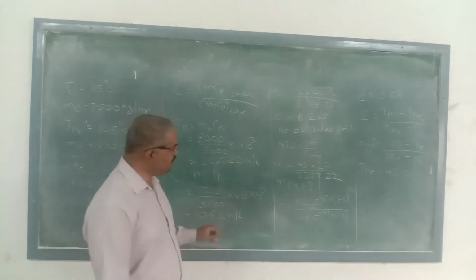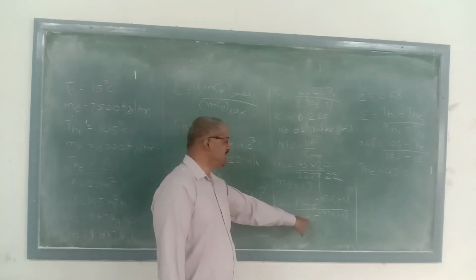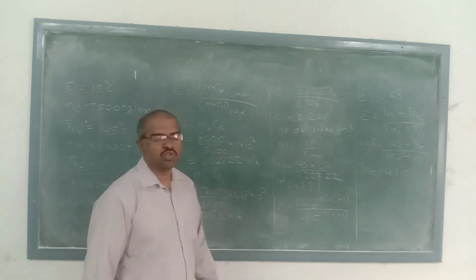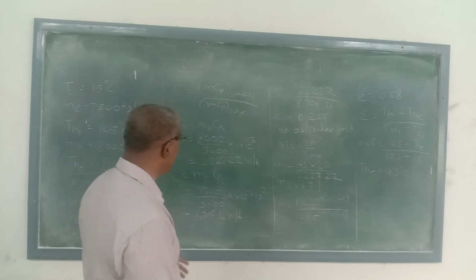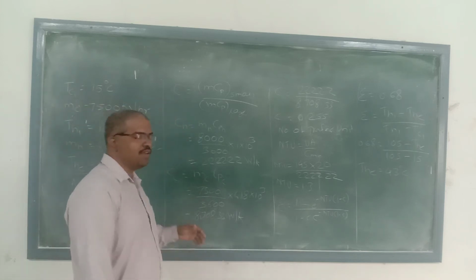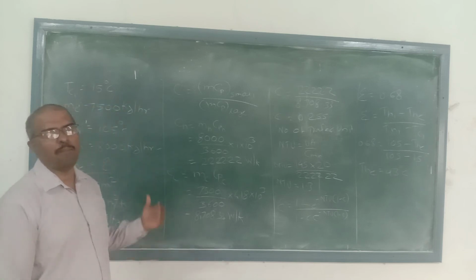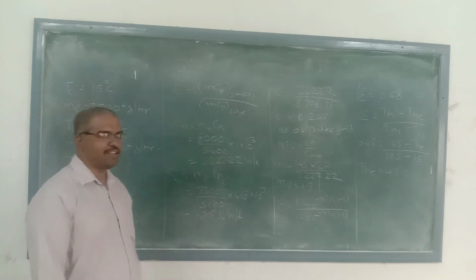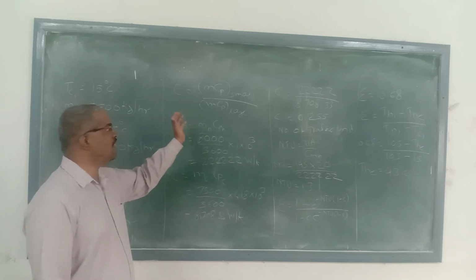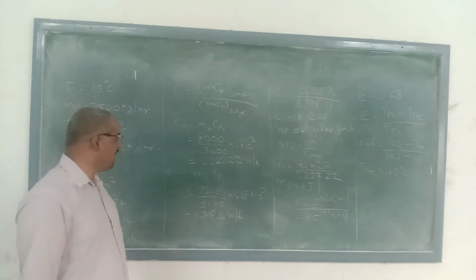In this formula we require C and we require NTU. C we can calculate by the ratio of MCp small upon MCp large, meaning heat capacity of the smaller upon heat capacity of the larger.